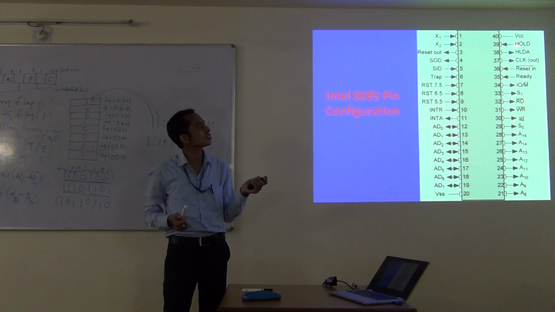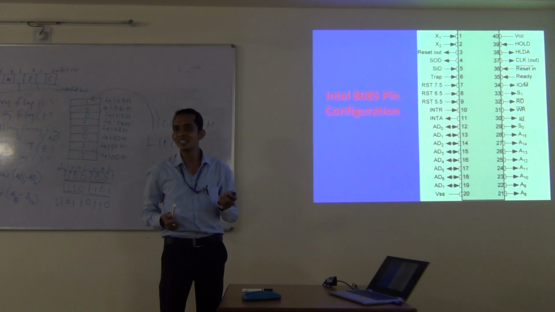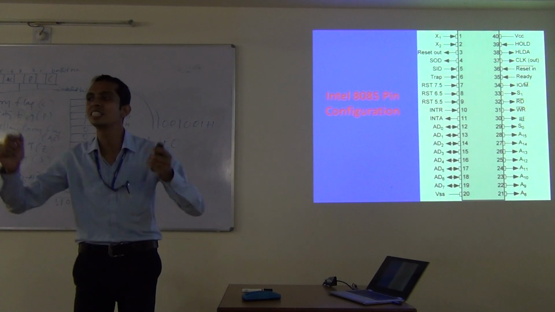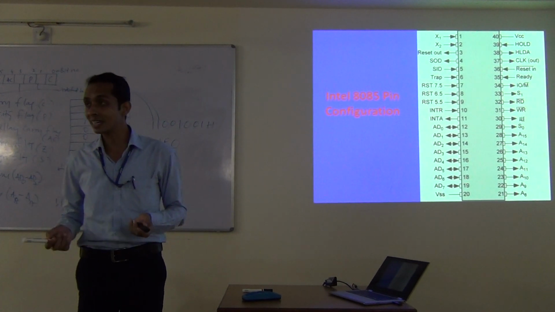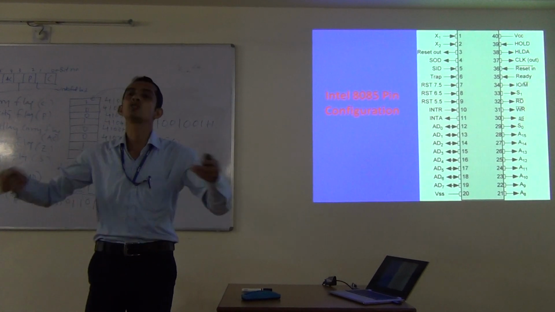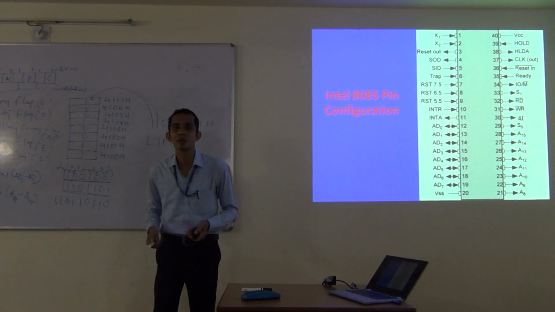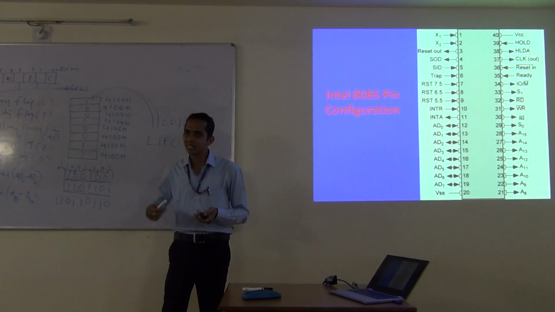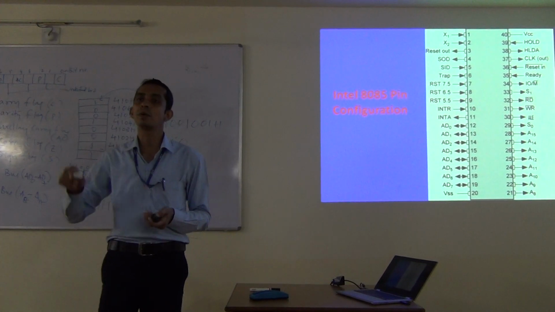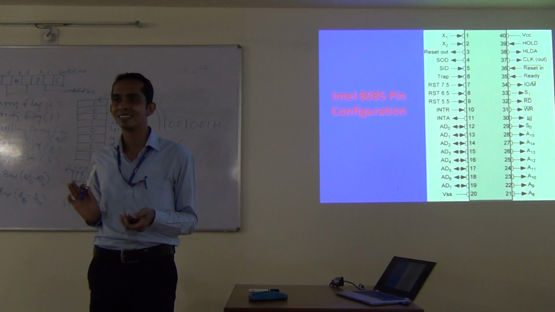After receiving this request from the external device, the processor will think. It will not give instantly. It will verify whether the data bus, address bus and control bus are free or associated with other operations. If they are associated with some operation, it will wait for the current machine cycle to complete.